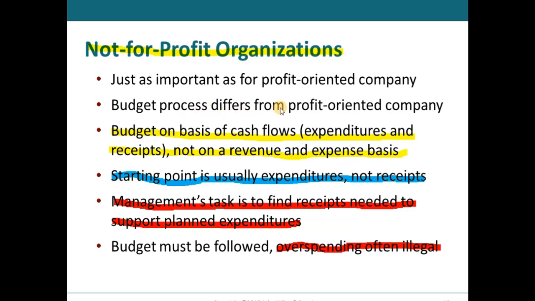The budget process differs from profit-oriented companies. The budget differs on these things. Budgets are on the basis of cash flows: expenditures and receipts, not on a revenue and expenses basis.